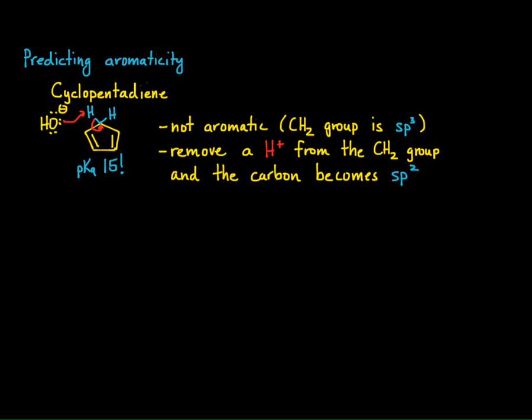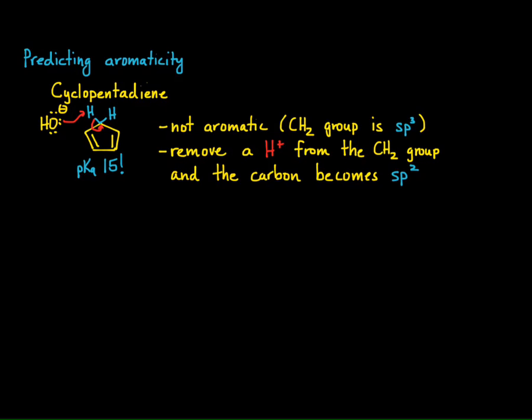And indeed, if you look at the pKa, that pKa is 15. So what does that mean? Well, remember the pKa of water is 15.7. And so this happens to be slightly more acidic than water.